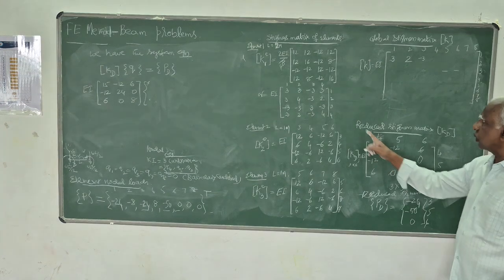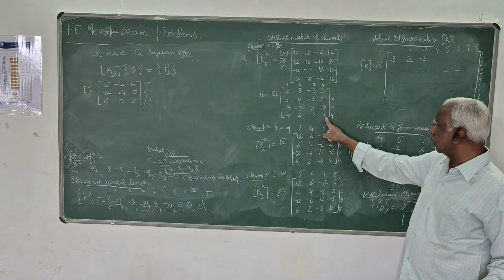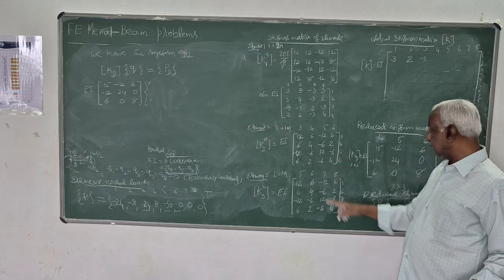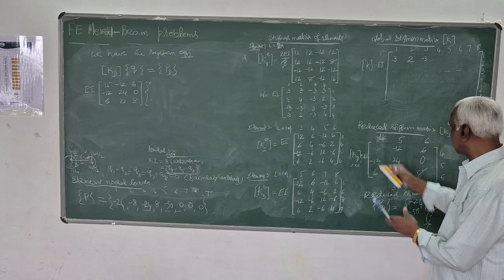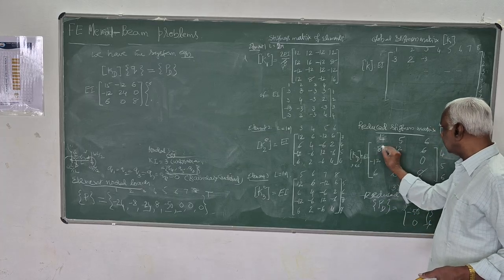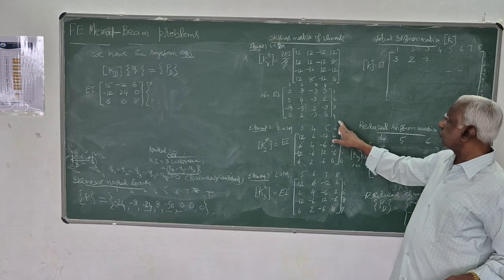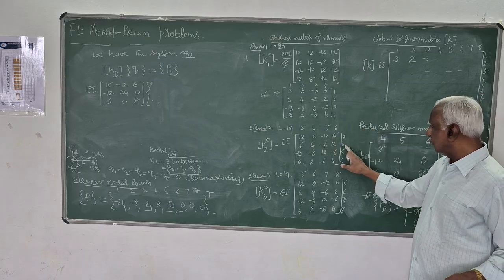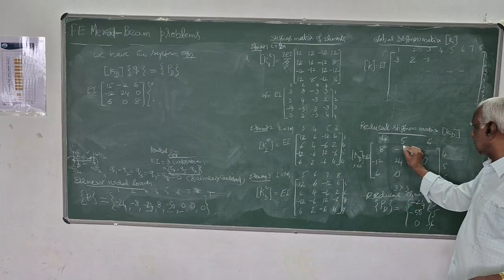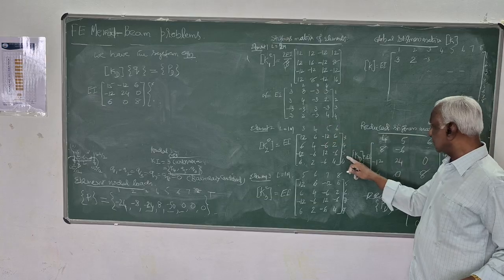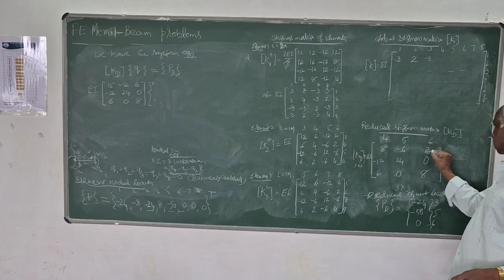So 4, 4 I have to take. 4, 4 means it is 4, 4, 4, 8. So instead of 50, you have here 4, 4, 8. Then 4, 5, 4, 6. 4, 5 you don't have, 4, 5 minus 6. 4, 6 is 2. Here you don't have it, it's 2.